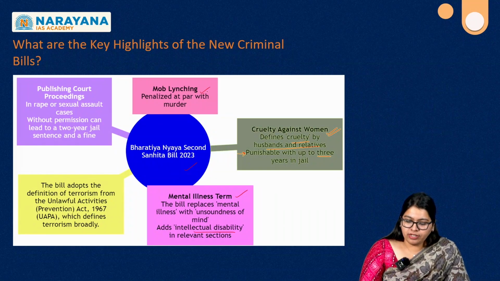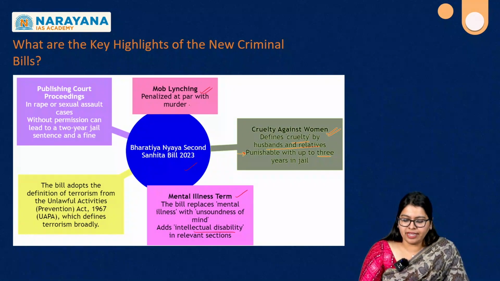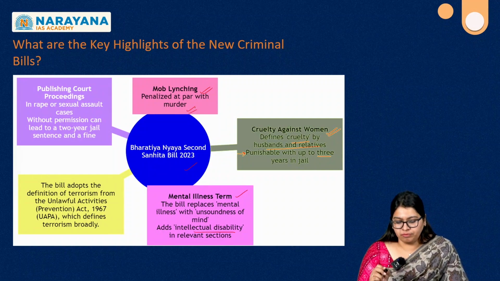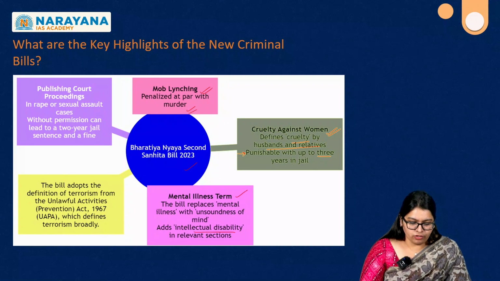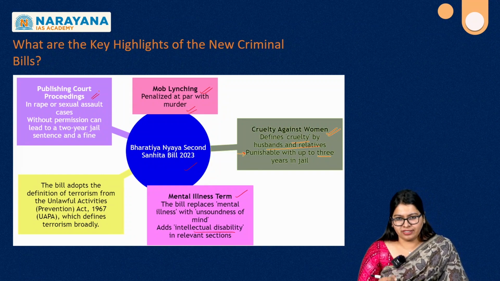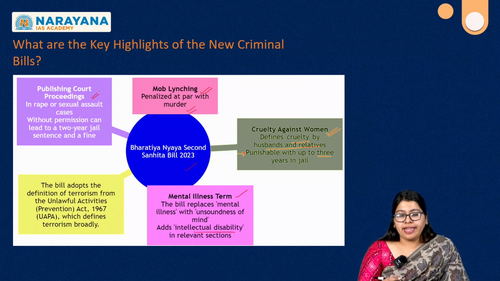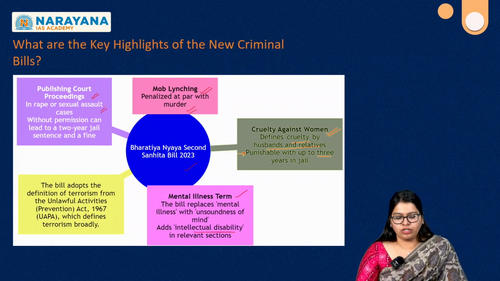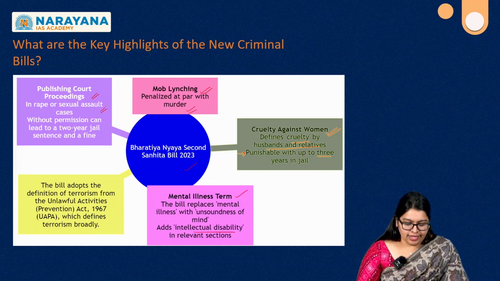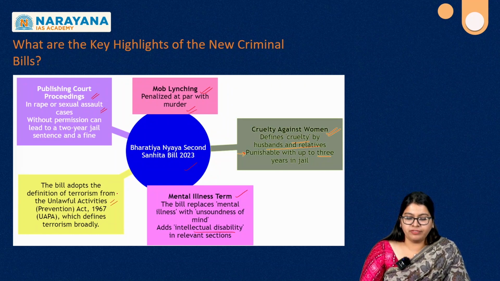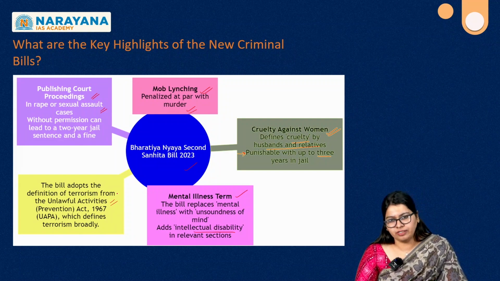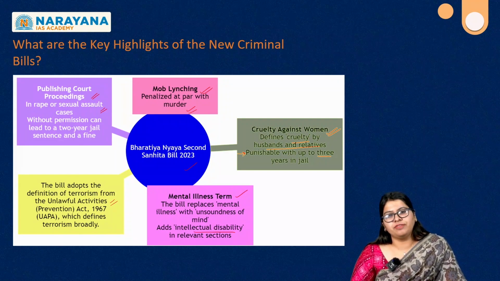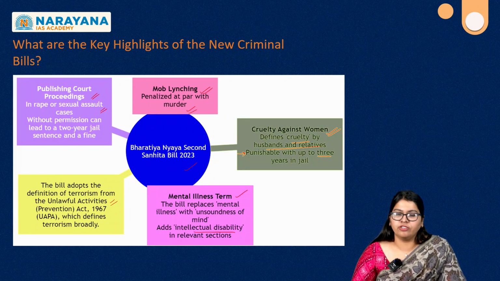Also, mob lynching, as we discussed earlier, it penalized at par with murder. There is a particular provision on publishing court proceedings, where it says that without permission, publishing the court proceedings with respect to rape as well as sexual assault will invite a term of 2 years of jail. And next, it adopts the definition of terrorism from the Unlawful Activities Prevention Act. So these are some of the major provisions of the newly introduced Bharatiya Nyaya Sanhita Bill.